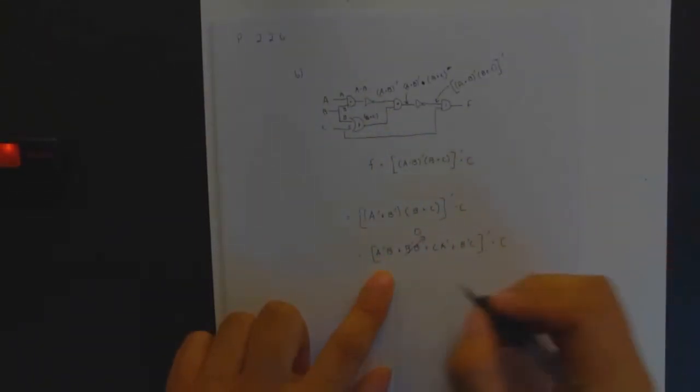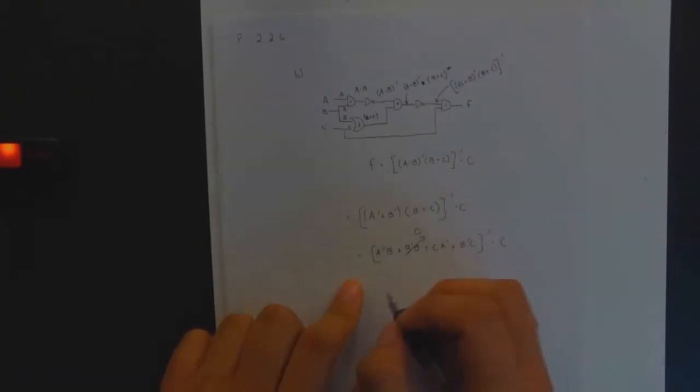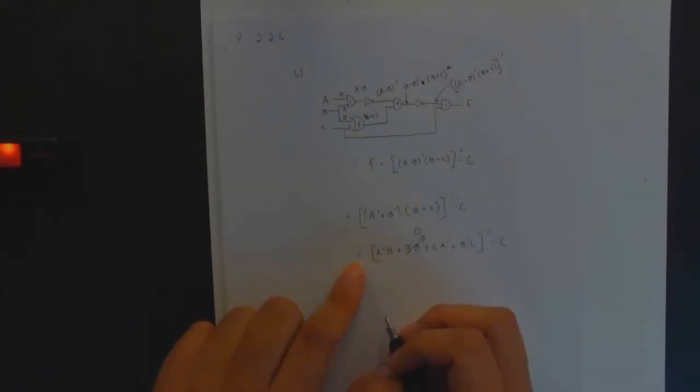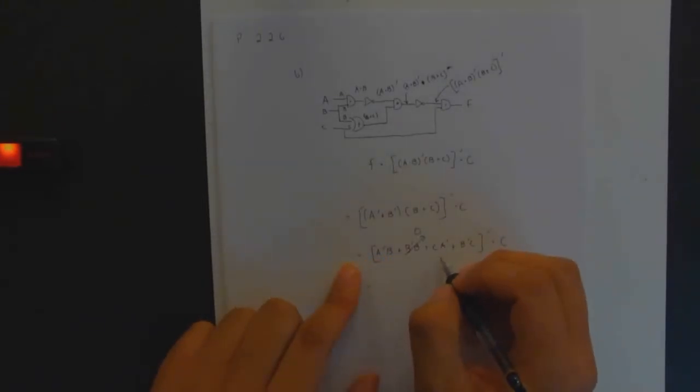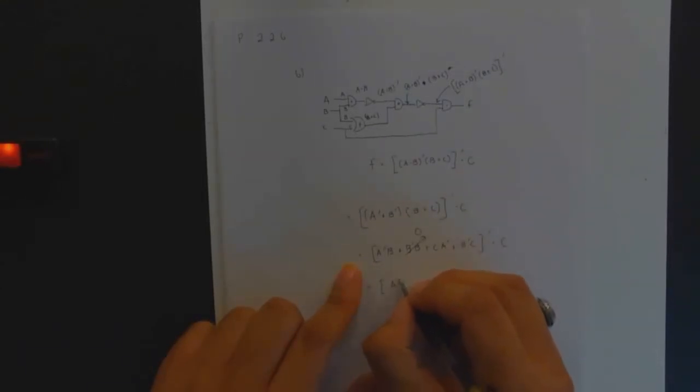Of course, this one goes to 0. And 0 or anything else is just the other thing. Let's see. And then A prime.